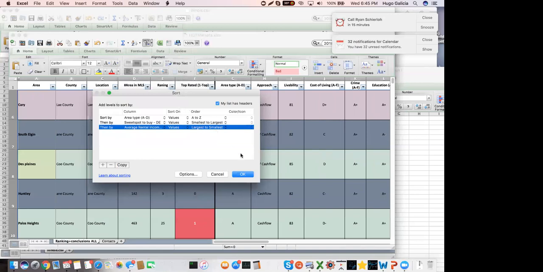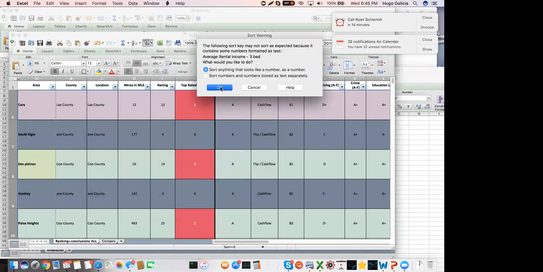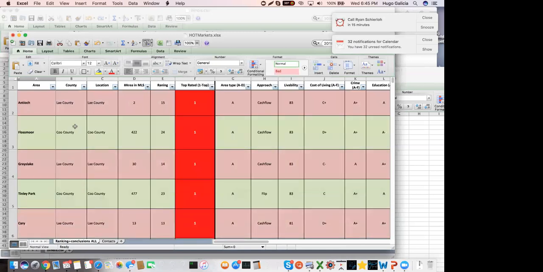You see what I mean? Again, give me the top areas that are not so expensive to buy a single family home and where I can collect the highest rents. Then click OK. And boom. I can scroll up to the top and it's going to give me the top areas.